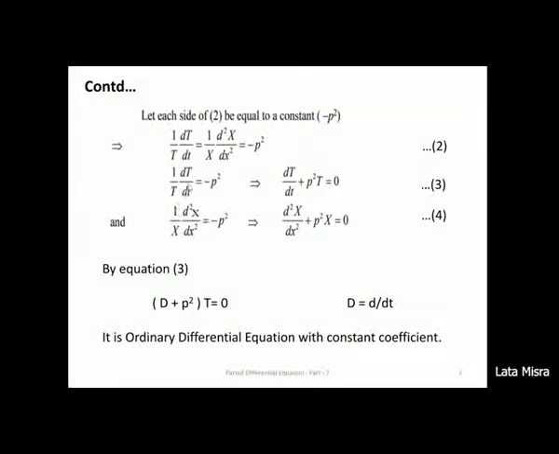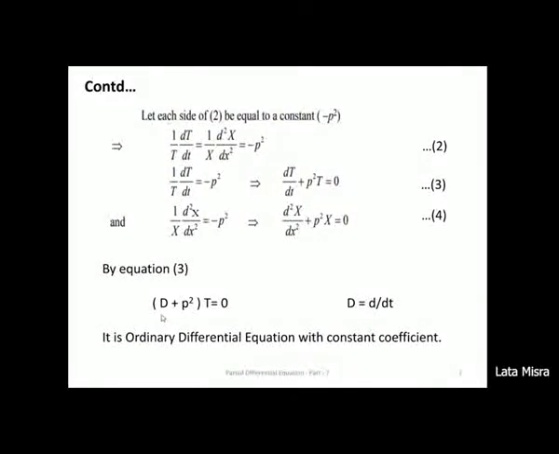Similarly, we take the next term 1/X d²X/dx² equals minus p square, multiply X to the right hand side and take all terms to the left. We get d²X/dx² plus p square X equals 0. This is also an ordinary differential equation.